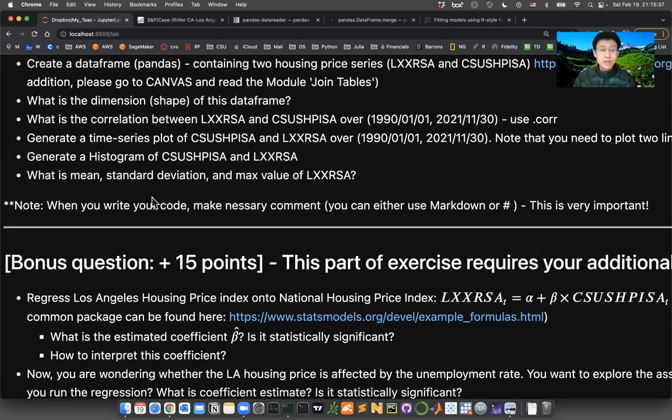Basically, tell me the central tendency, dispersion, and extreme values for the LA housing price over the time span using some Python function, which is very easy, probably just one word. It's similar to the Yahoo Finance stock price example in class.